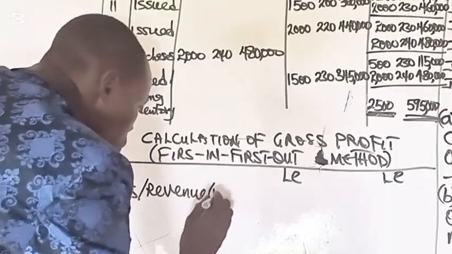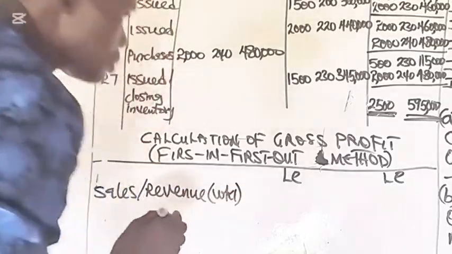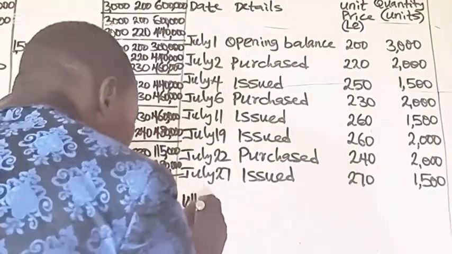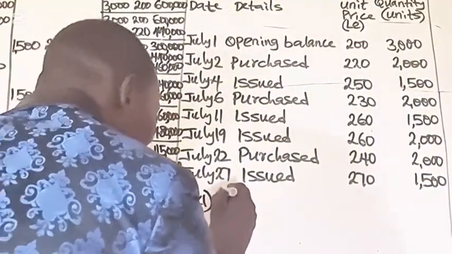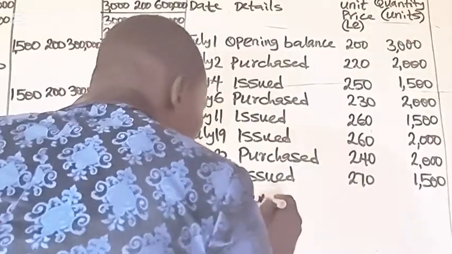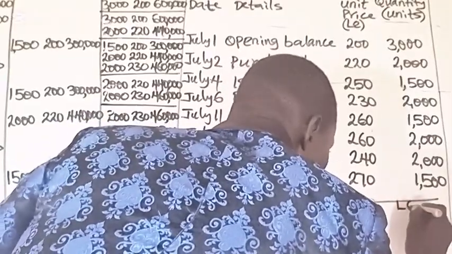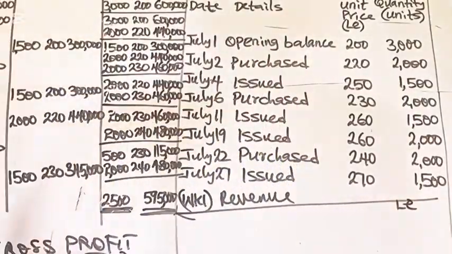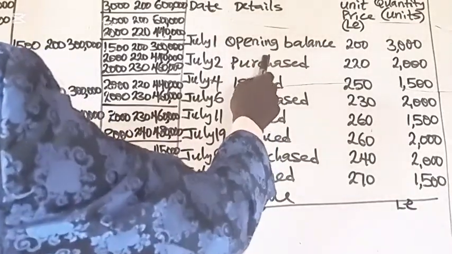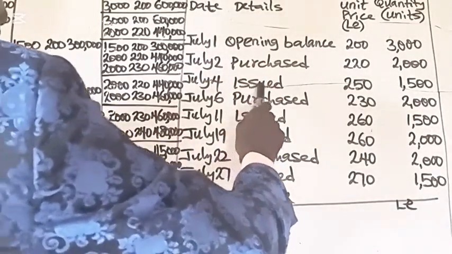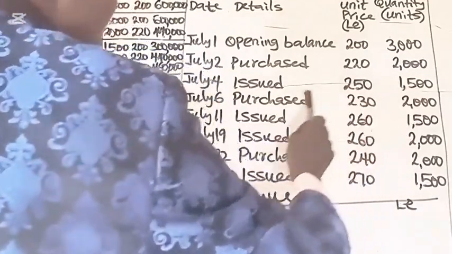Let me have this as working number one. We have revenue or sales for the period. Amount is in Leone. Now let's go through the details. This is opening balance. This is purchase. Issued. I've told you issued are the sales made in the period.